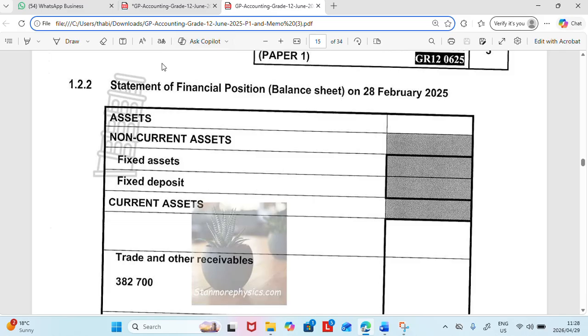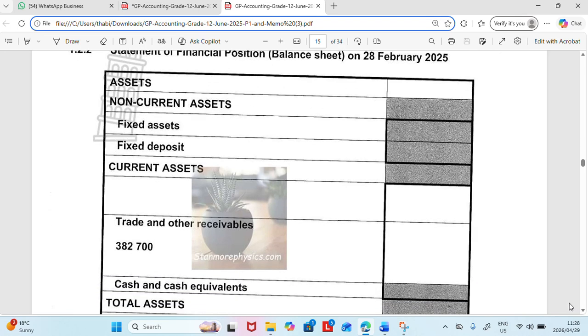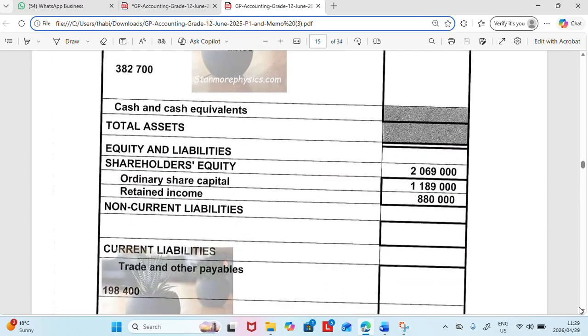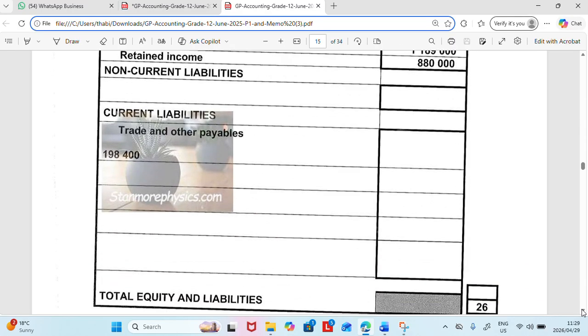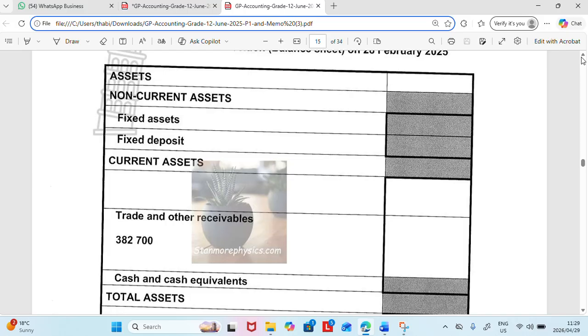So here's the answer book that we're going to utilize. You can check. So can you see that we have gray shaded areas? So those gray shaded areas we're not completing those sections. So please notice on equity and liabilities, the shareholders' equity given. So some amounts are already populated.